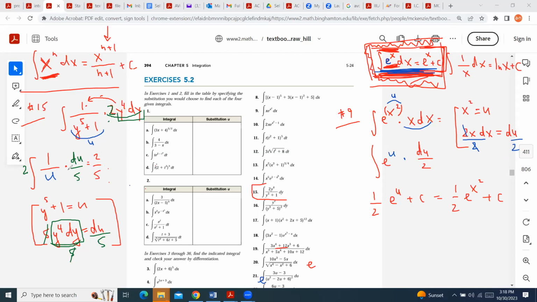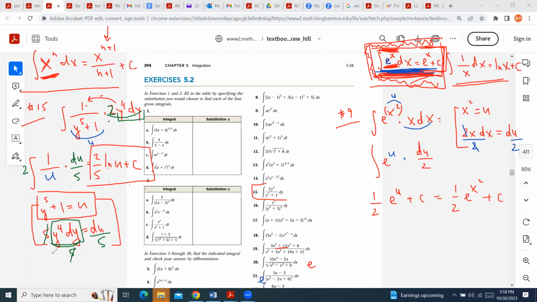And then 1 over u is going to give me the logarithm, another formula. You see 1 over x is like 1 over u, so it'll be a logarithm of that variable plus the constant. So I found the antiderivative. That's the whole point of this process. And then, of course, I need to go back to my original variable letter.